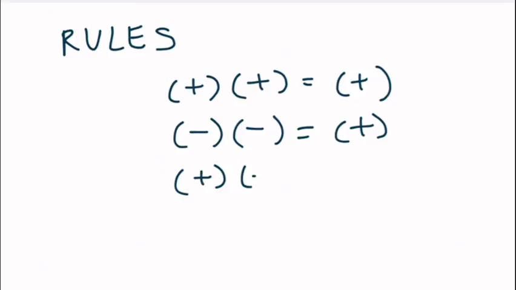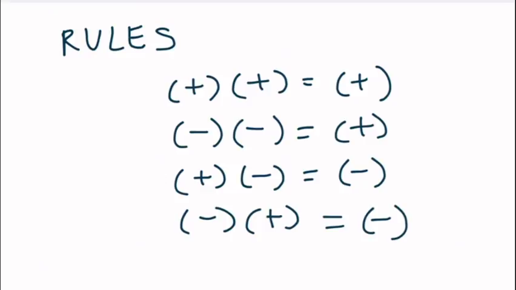Positive times negative equals negative, and negative times positive is also negative. To make it more simple, just remember that if there's 2 of the same signs, then it is positive. If there's 2 different signs, that is negative.